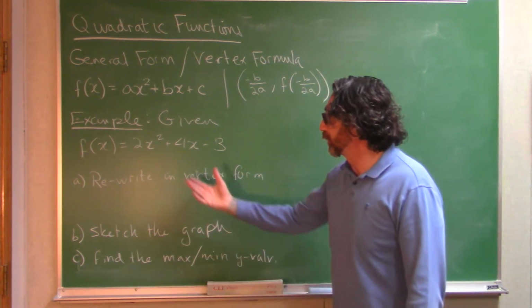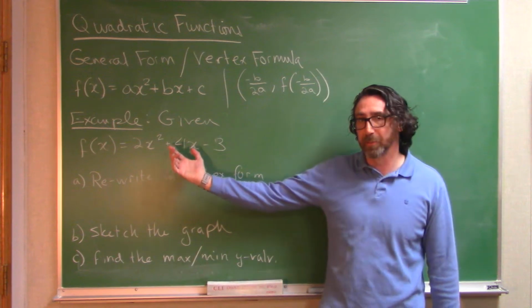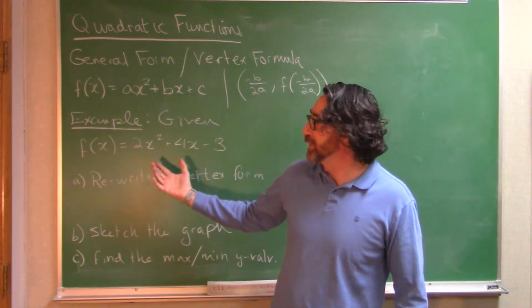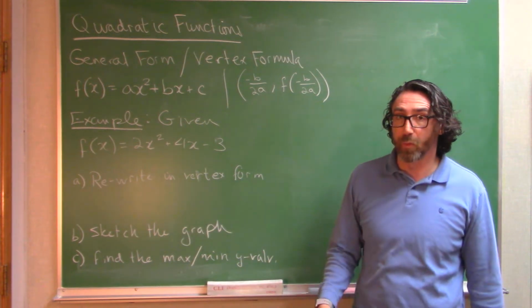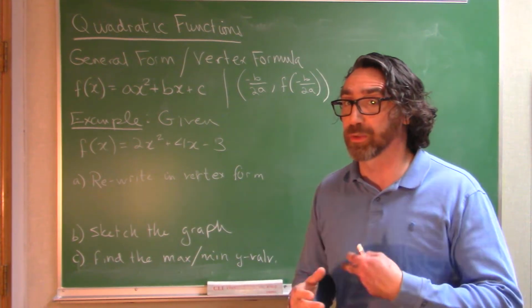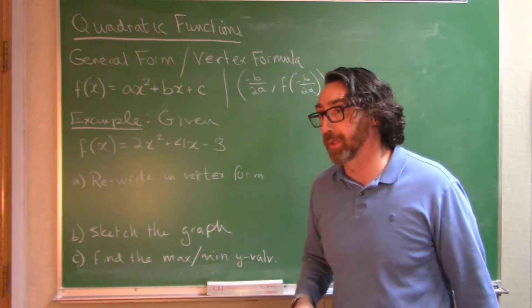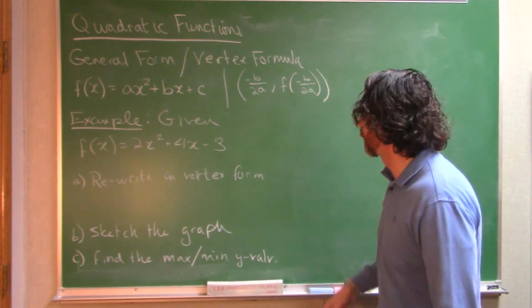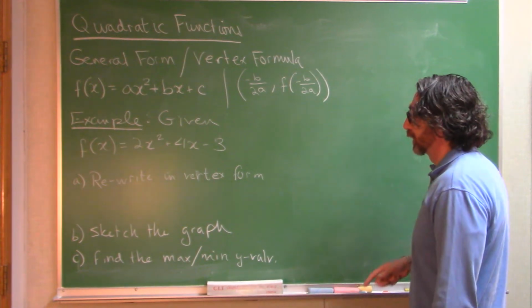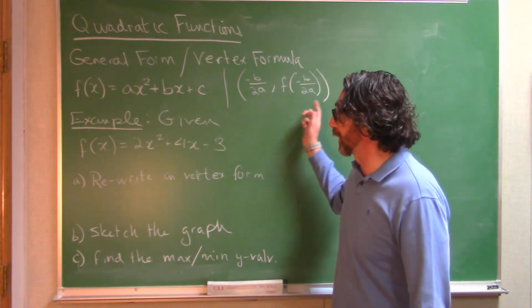Suppose somebody gave me this problem and they challenged me to rewrite this in vertex form. One thing you could do is a technique called completing the square, but I like to actually use the vertex formula and work backwards from that. Let me apply the vertex formula to this problem.